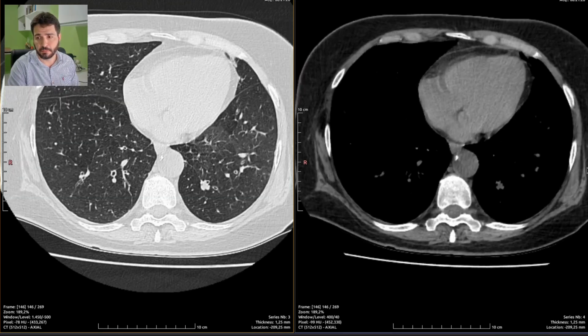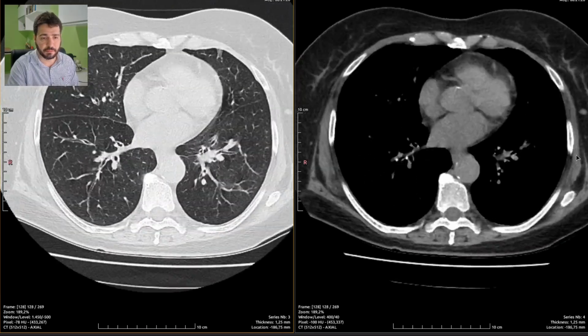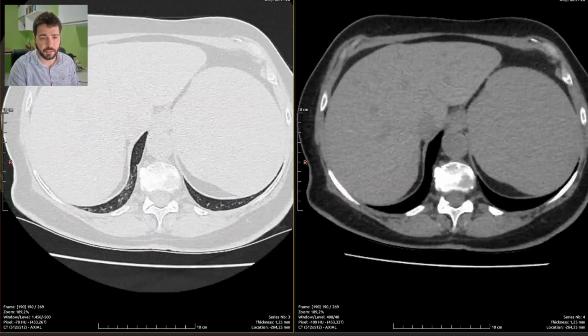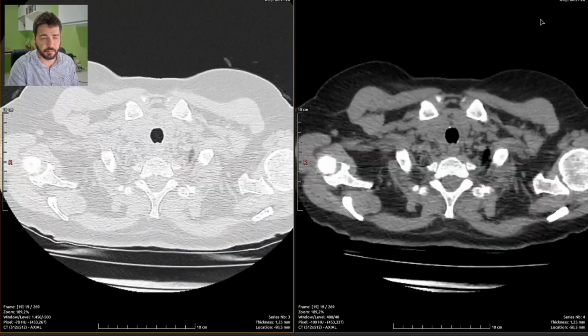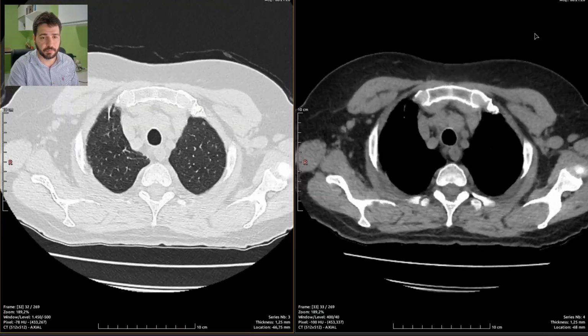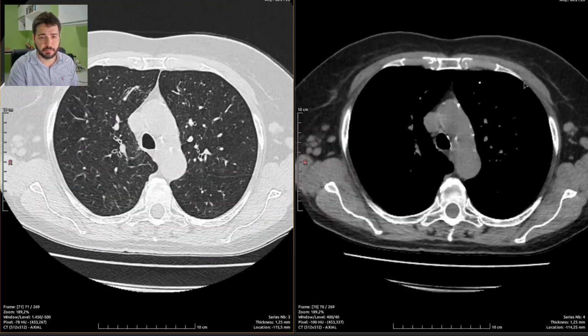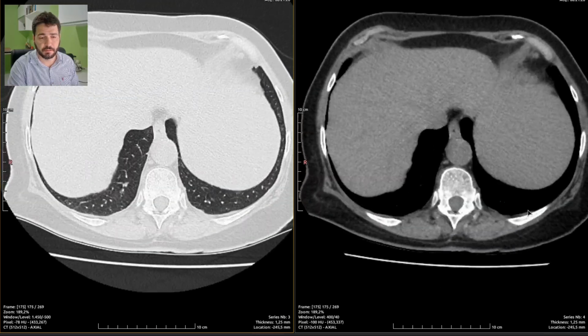I don't know how you guys call this, which is just a bunch of air pockets just below the pleura, due to chronic pulmonary disease.